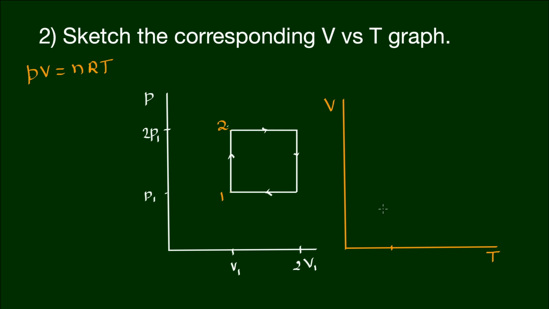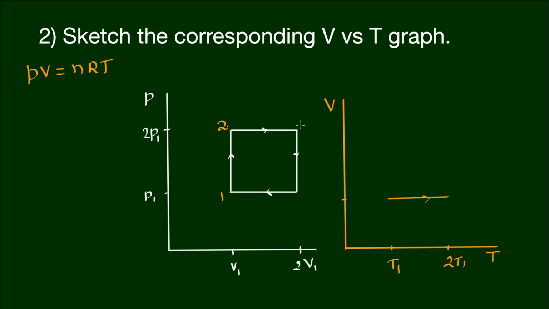So at constant volume V1, we increase the temperature. The process is going to be something like this. By the way, at constant volume, the pressure is doubled. If the pressure is doubled, the temperature is doubled. So we go from T1 to 2T1.